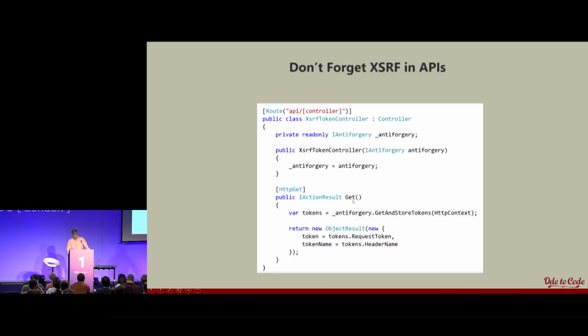JavaScript can call this get method on the XSRF token controller and use that anti-forgery service to get and store tokens. That will send a JSON result back that includes the token and the token name that JavaScript should use. And that will also, if it's not already set, set the CSRF cookie that needs to be present in the browser when a request comes in that validates the anti-forgery token.